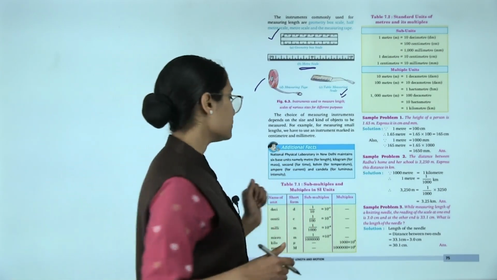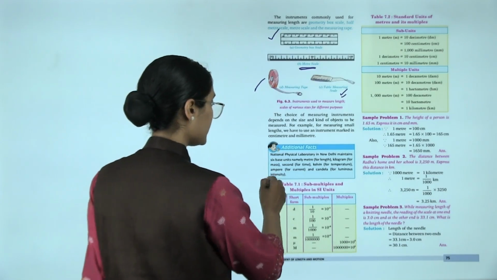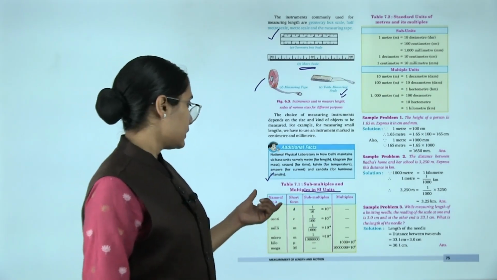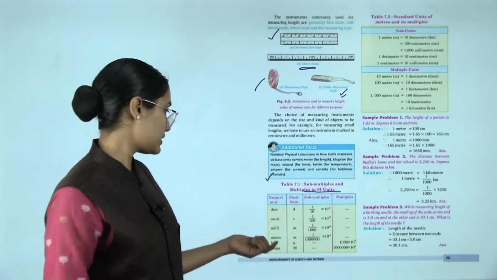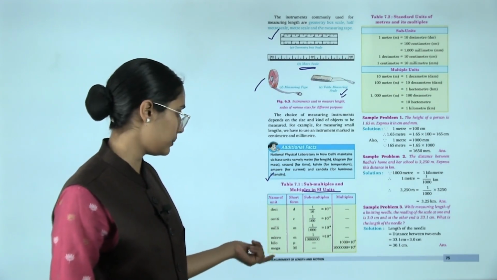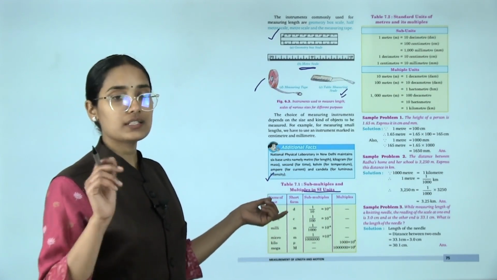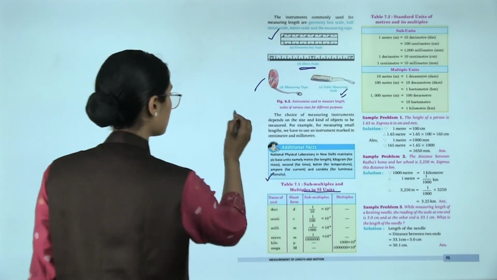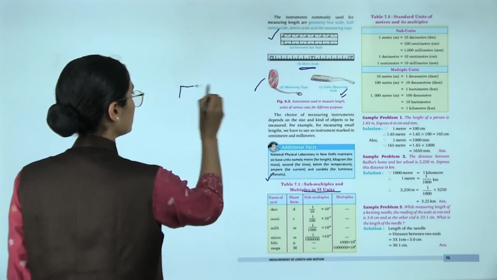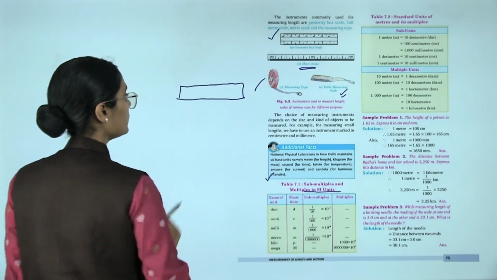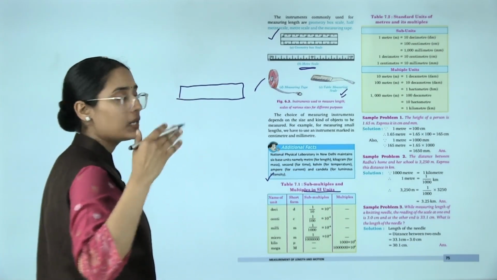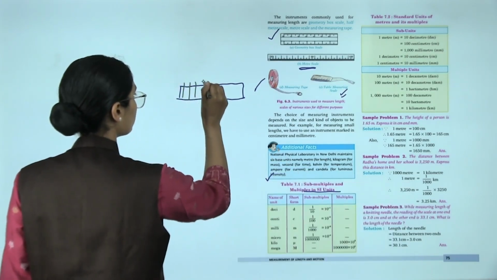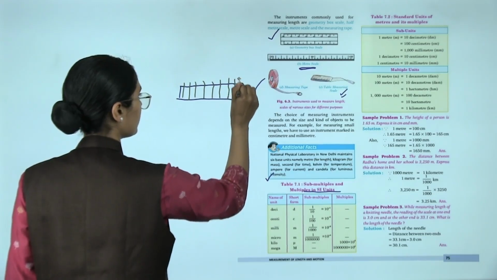All right. Now let us understand submultiples and multiples of SI units. So the prefixes are deci, centi, milli, micro, kilo and mega. So deci means 1/10 of something. Let us say I have a wooden bar, and I cut it in 10 pieces, 1, 2, 3, 4, 5, 6, 7, 8, 9 and 10.